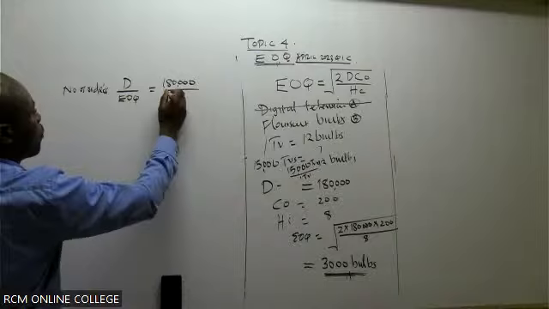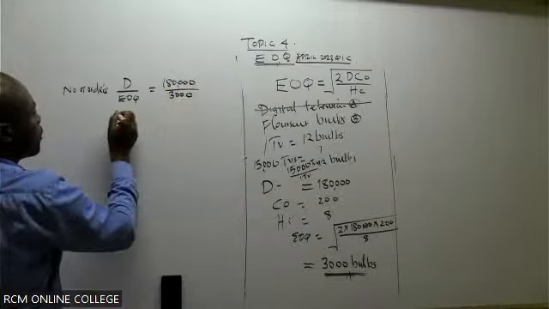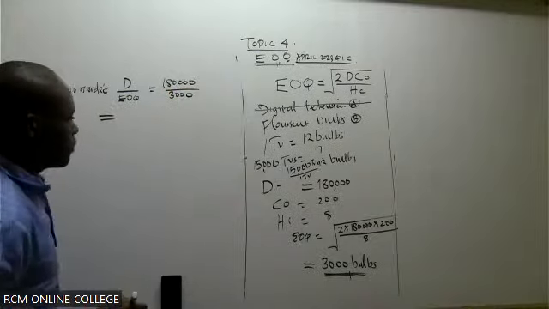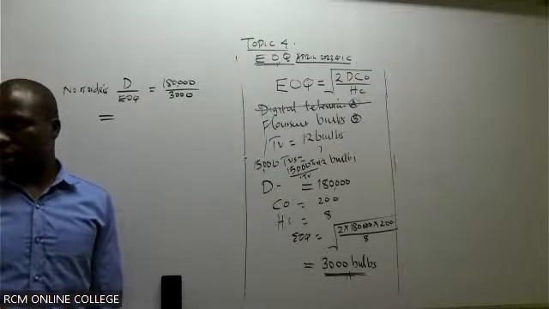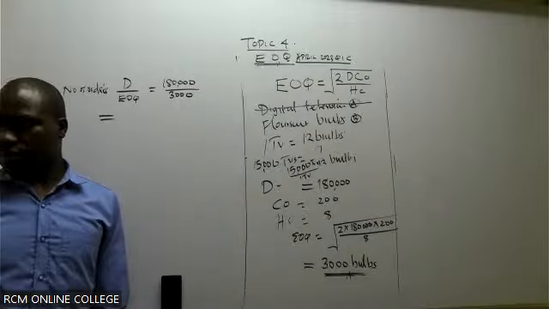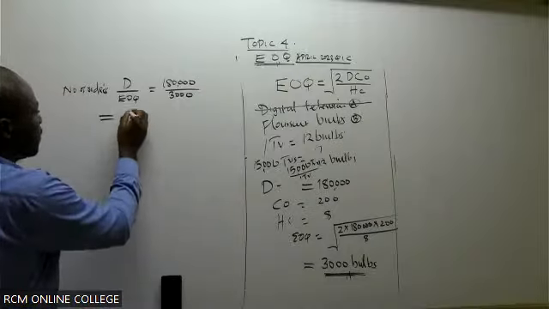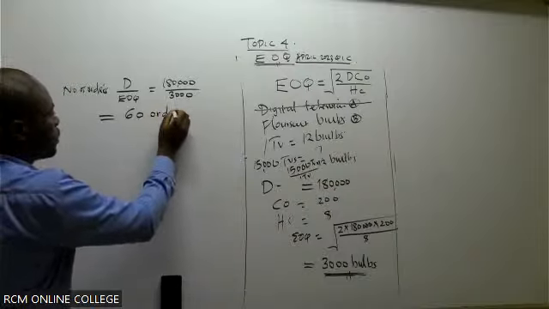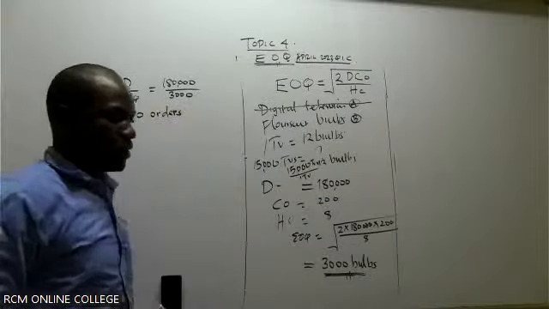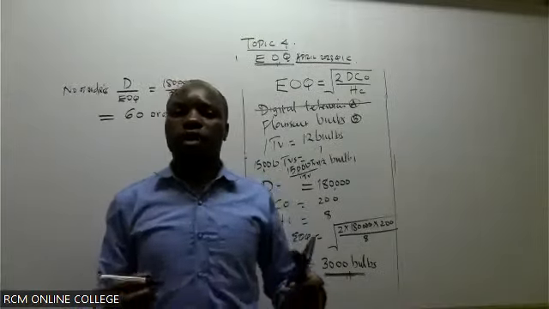We divide by economic order quantity, which is 3,000. So how many orders do we have there? We have 60 orders that they're supposed to make for the entire year.